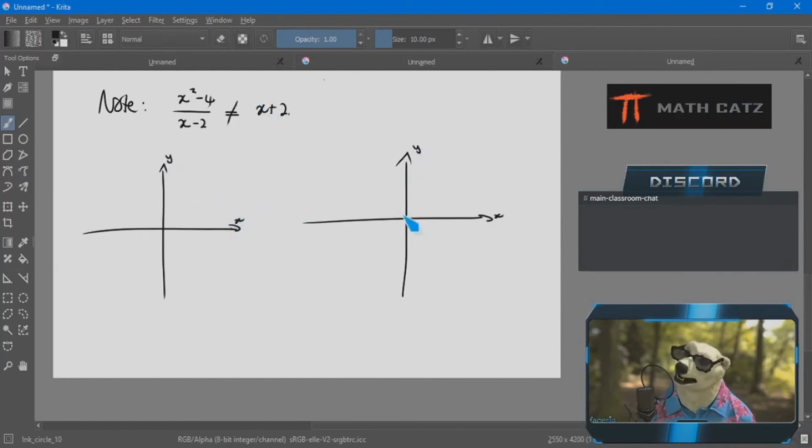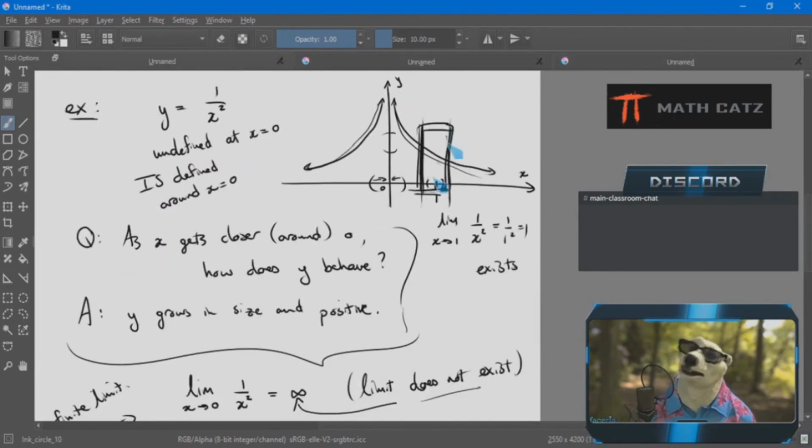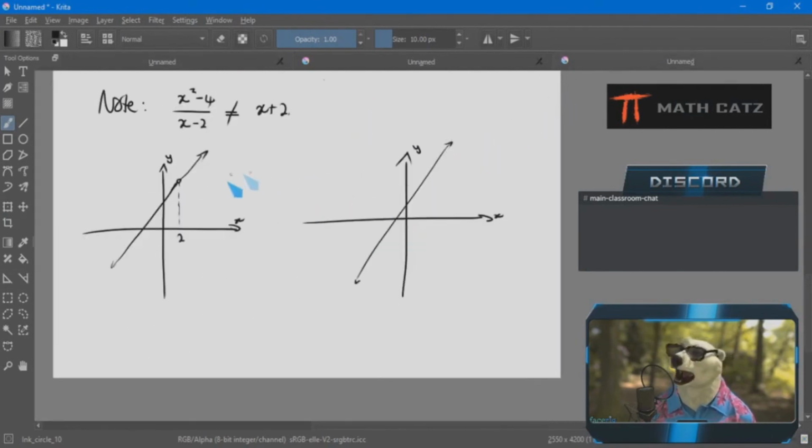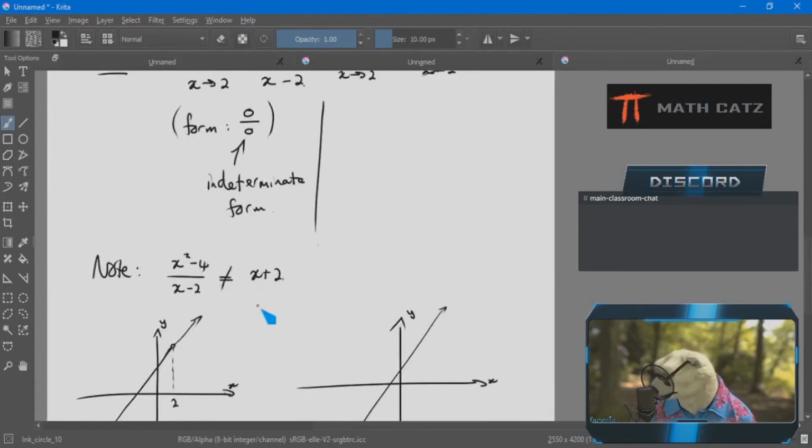This one, of course, is a straight line, x plus 2, like that. This one actually is almost identical, except it has a little hole that it jumps over when x is 2. It's not defined at 2. But it's not defined in a very different way compared to this 1 over x squared. Very different.